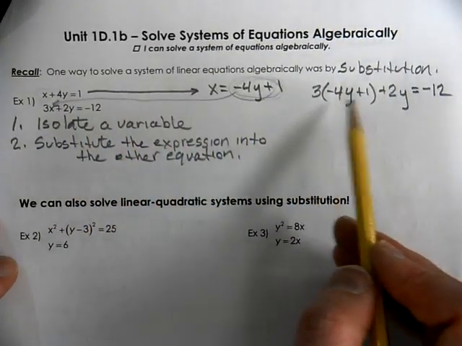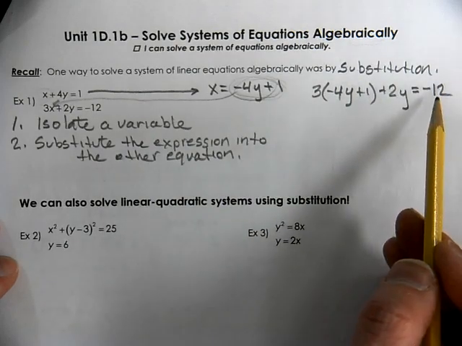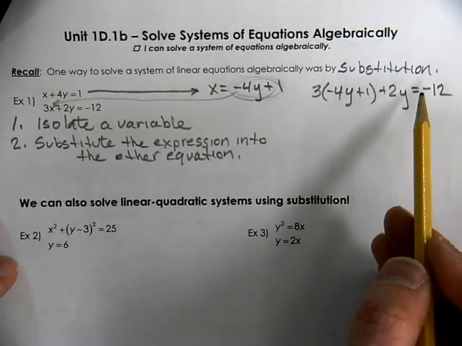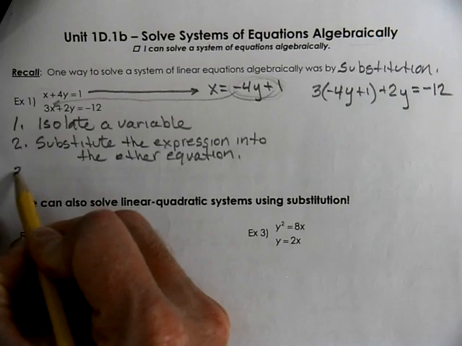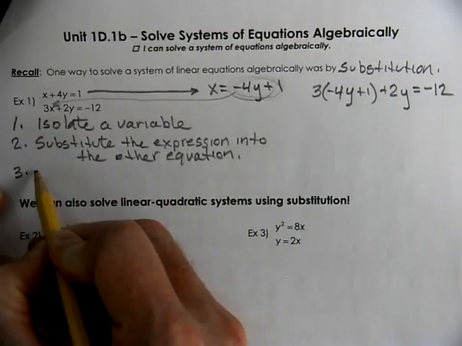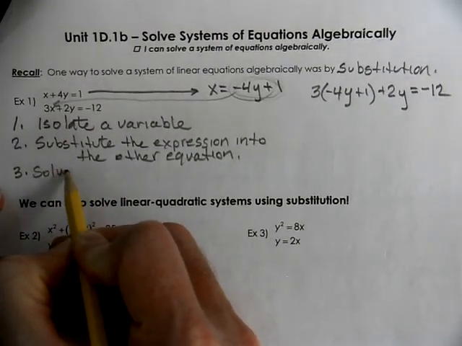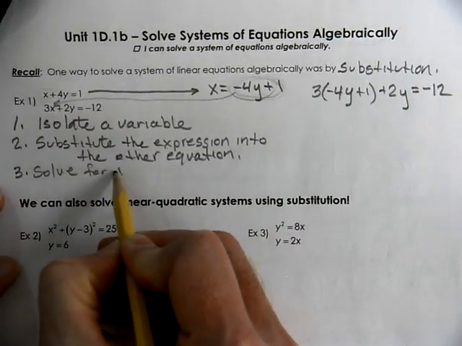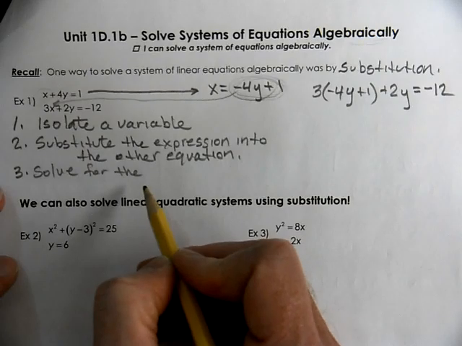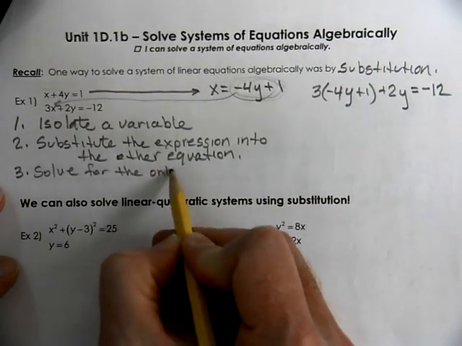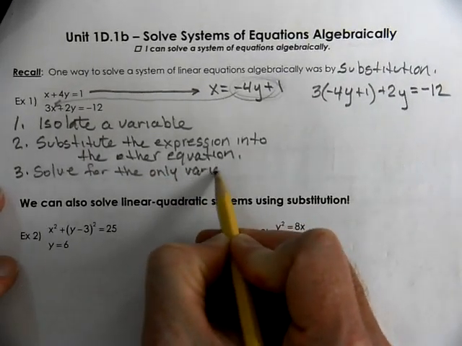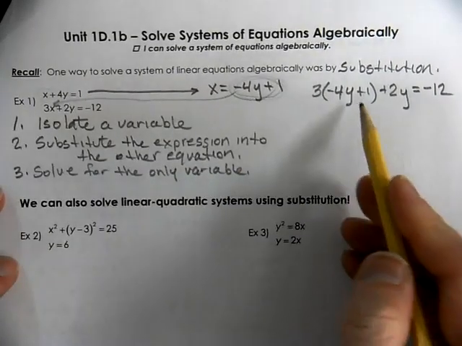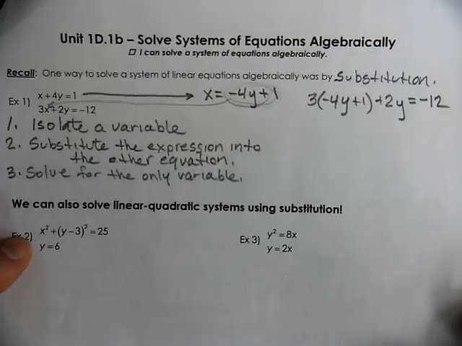Now we've narrowed it down to 1 equation with only 1 variable. So we're going to solve for the only variable, because it's the only variable that's there.